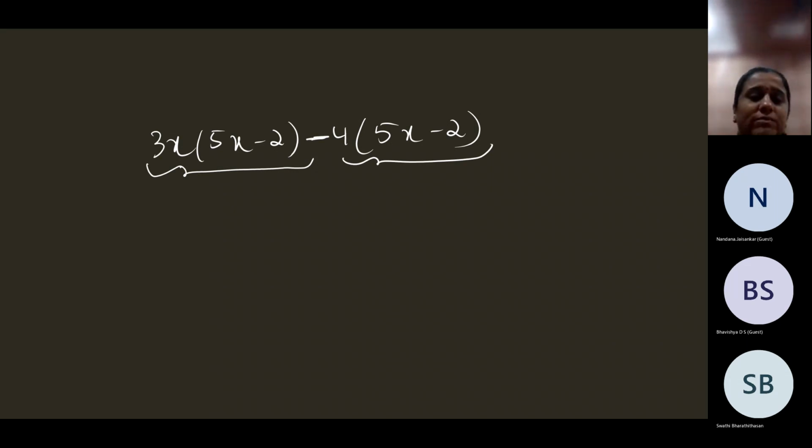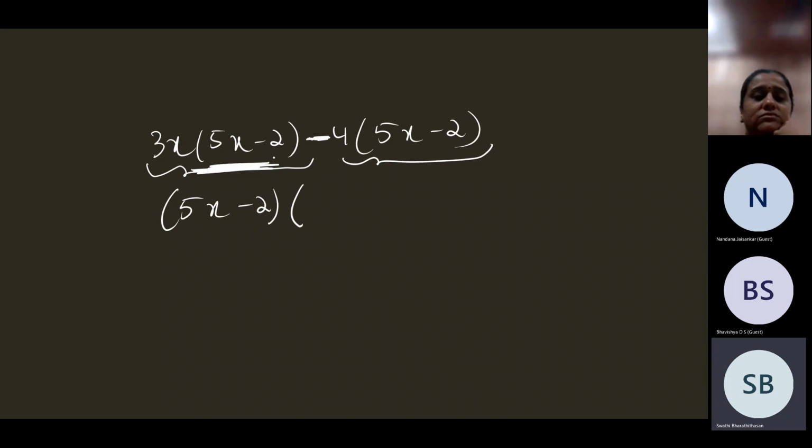Now again, what is common between these two terms? This is the first term, this is the second term. What's common between these two terms? 5x minus 2, ma'am. We are taking out the common factor, 5x minus 2. Open bracket. 5x minus 2 into what will give you the first term? 3x.